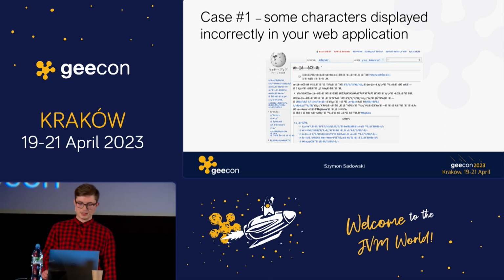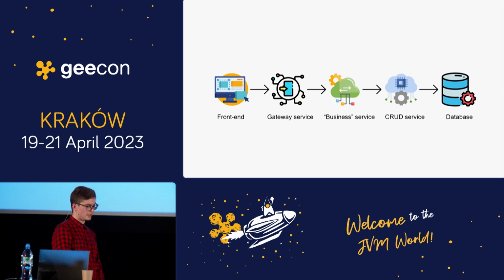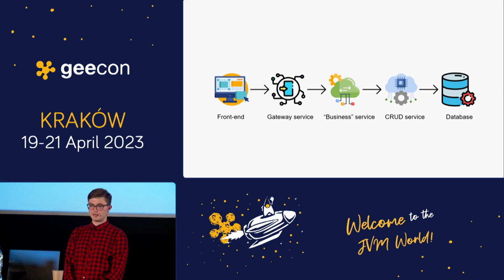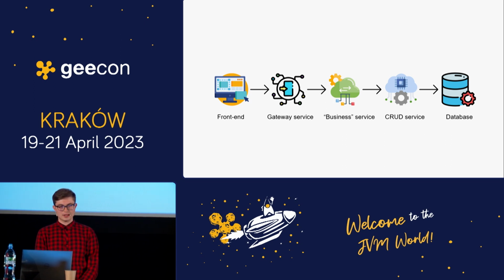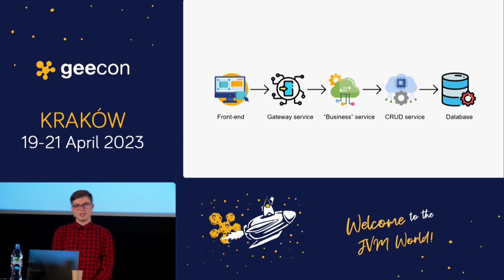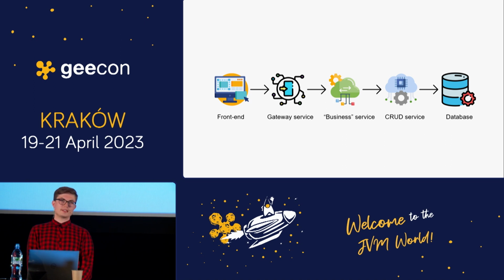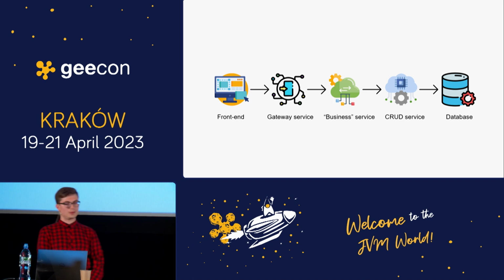For the sake of the presentation, let's assume that we have some kind of architecture like this. The data goes from the front end through a couple of services, and it lands in the database. If I would ask you, how would you approach this problem? How would you solve this issue?